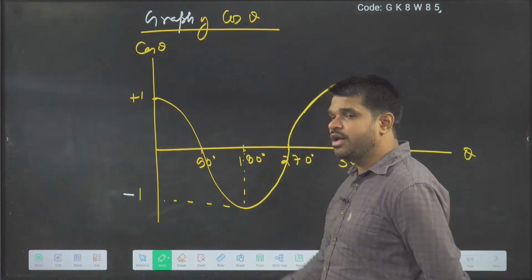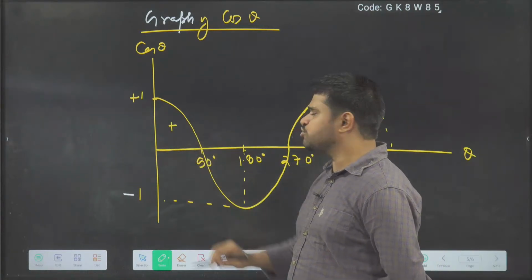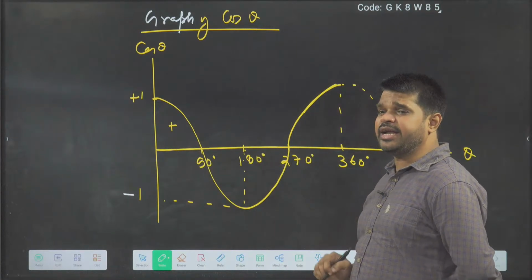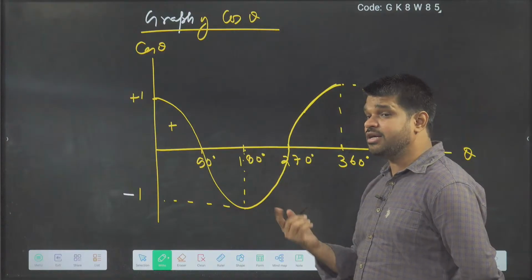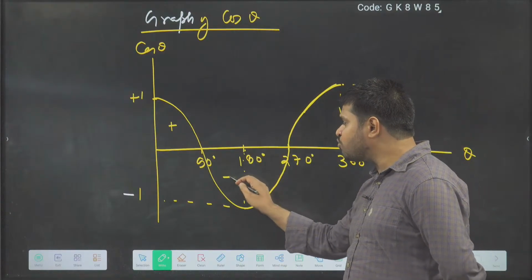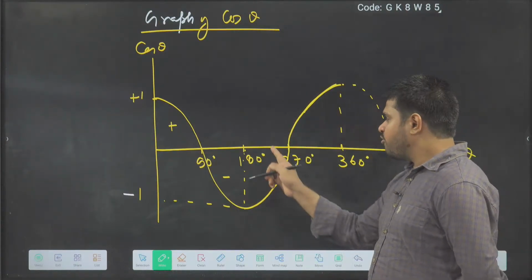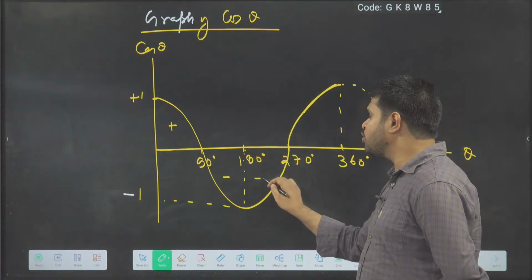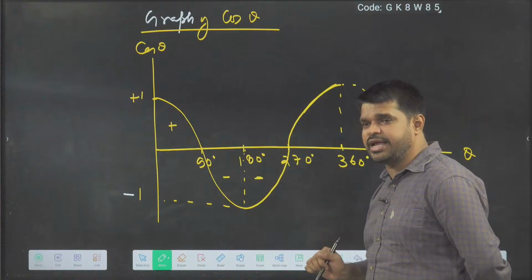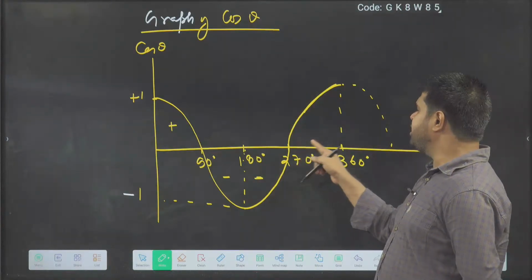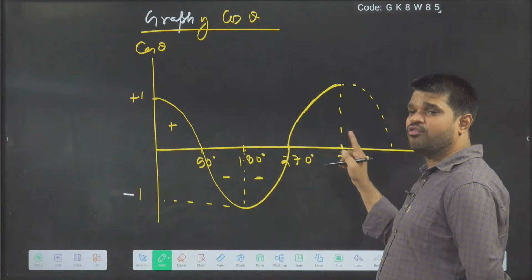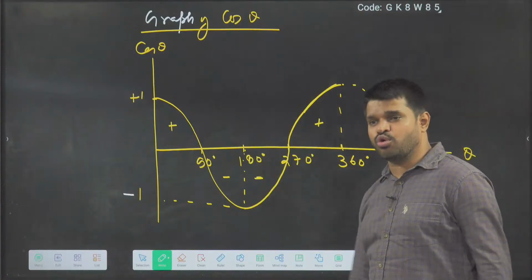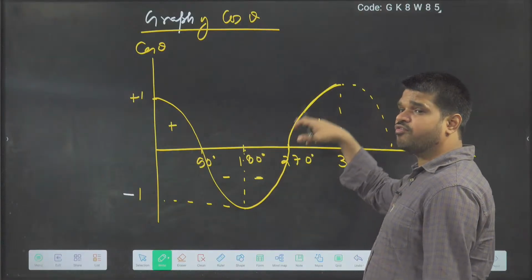First quadrant. In first quadrant cos is positive. 90 to 180 is second quadrant, in second cos is negative. 180 to 270 is third quadrant, in third quadrant also cos is negative. 270 to 360 is fourth quadrant, in fourth quadrant cos is positive. You can see. So this is the graph of cos.